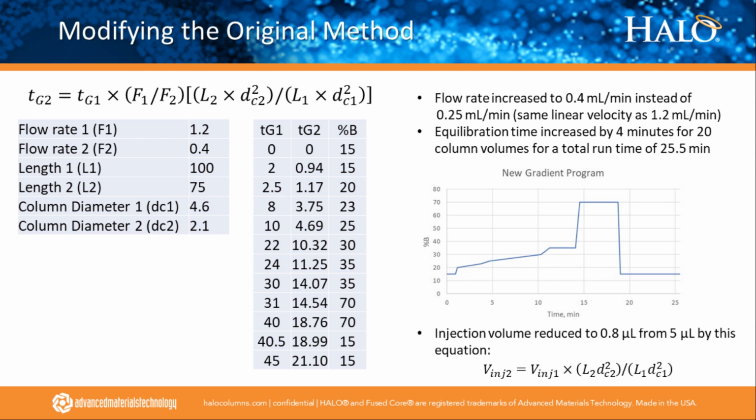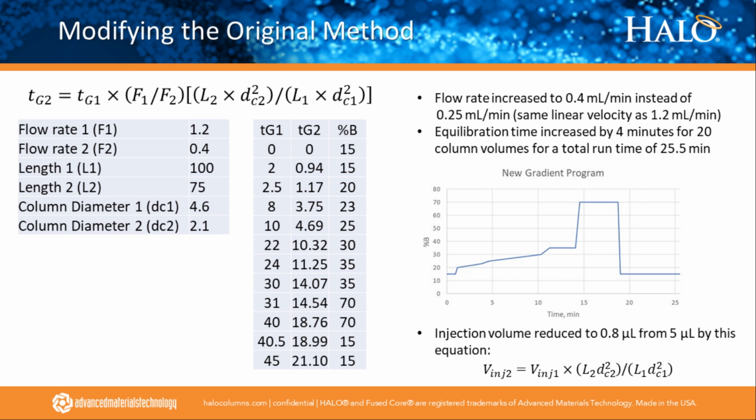So this is an advantage that you have with SPP particles where you can run them at higher flow rates. And all you have to do is go through the calculations in order to generate the new gradient profile.